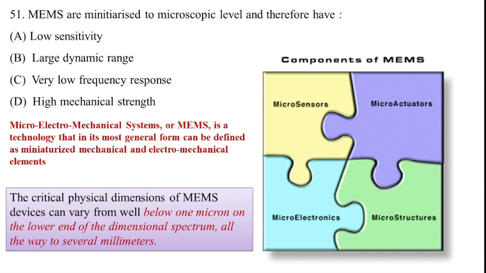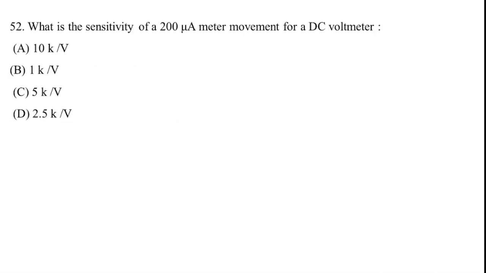The critical physical dimension of a MEMS device can vary from below 1 micron at the lower end of the dimensional spectrum all the way to several millimeters. The correct option is B, large dynamic range. Option B is correct. Next question.